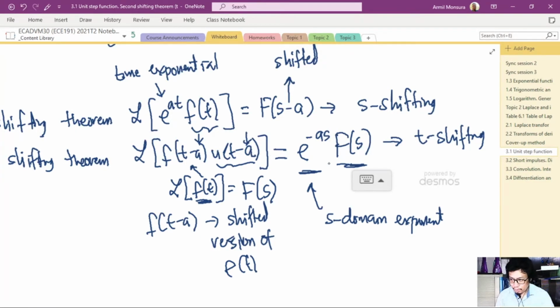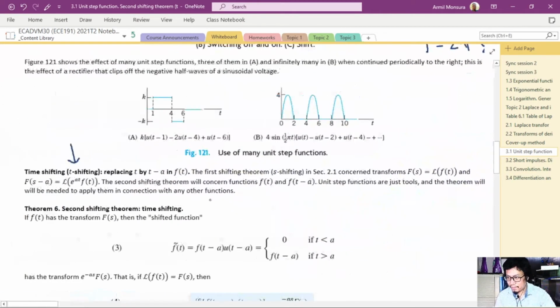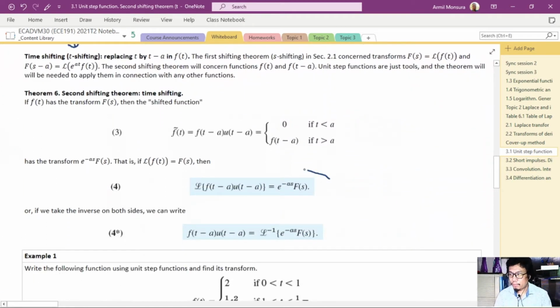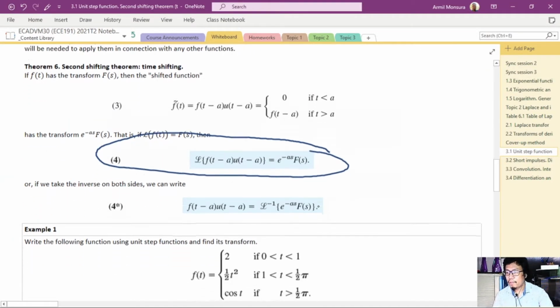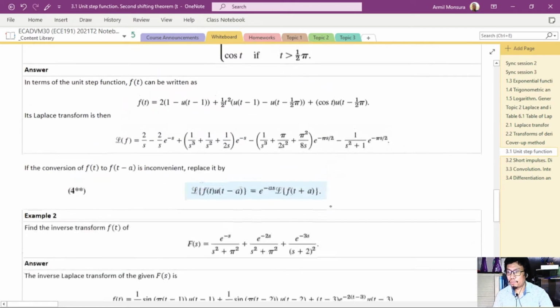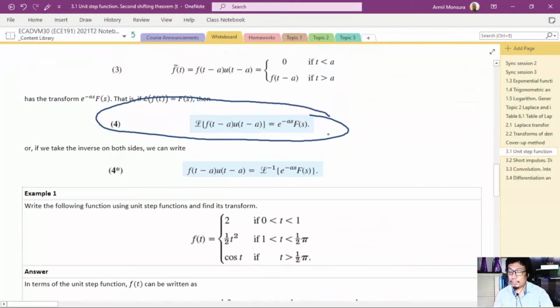So basically this second shifting theorem is specified in this equation. But we have an alternative formulation for this second shifting theorem.